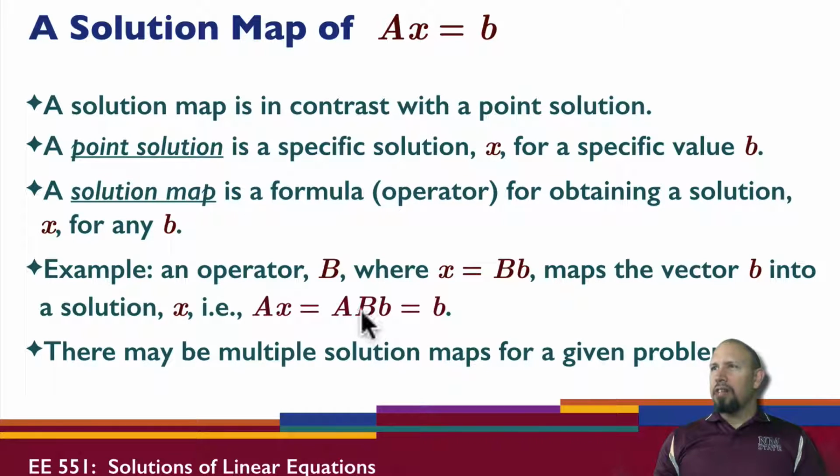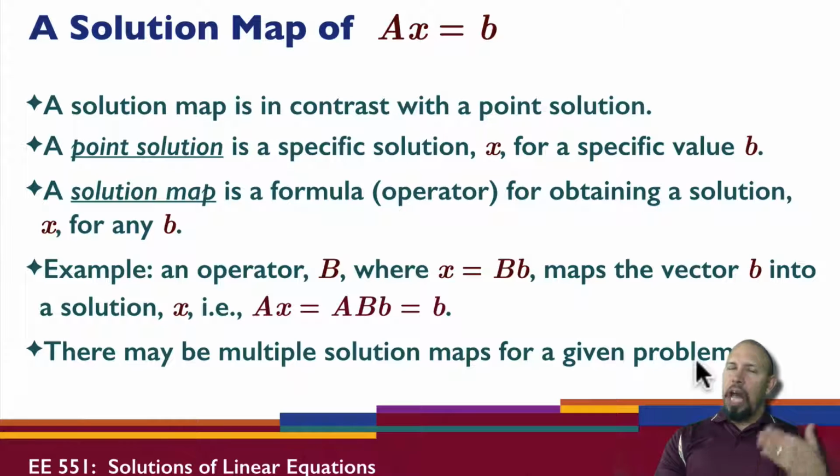And if this is in fact a solution map, then AB is equal to the identity, so AB times little b is just equal to little b. That is, Ax is equal to b. So this would be an example of a solution map. In general, there may be multiple solution maps for a given problem.